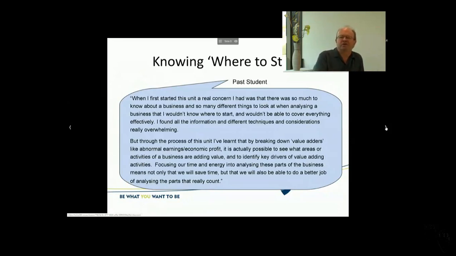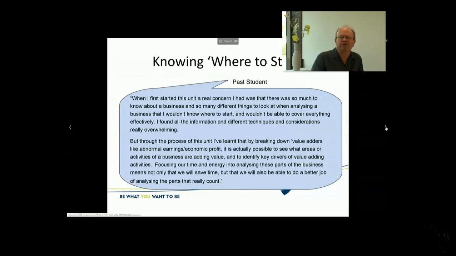When I first started this unit, a real concern I had was that there was so much to know about a business and so many different things to look at when analysing a business, that I wouldn't know where to start and wouldn't be able to cover everything effectively. I found all the information and different techniques and considerations really overwhelming.